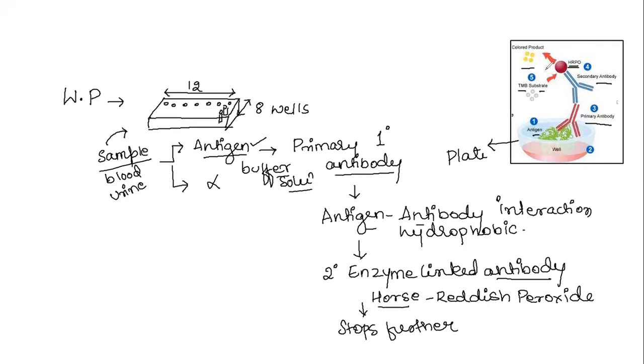In order to stop that reaction, like how we have stop codons while translation is taking place, a specific substrate is added to stop the further interaction between antigen and antibodies, right? This is how ELISA works. Understood? Yes. So this is the working principle.